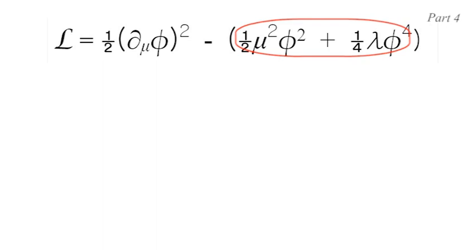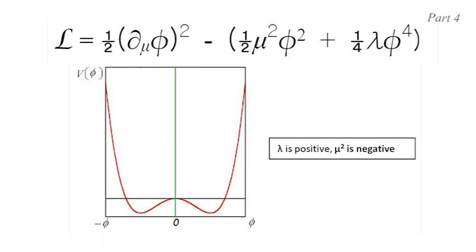That particular potential gave this red line for the plot of potential energy density against field. The fact that phi was real in that case, not complex, meant that we could lay out the values of it on a single axis. Here it's the x-axis.